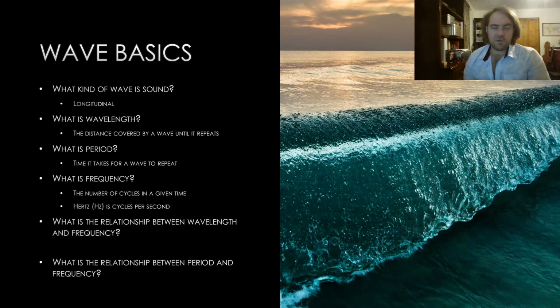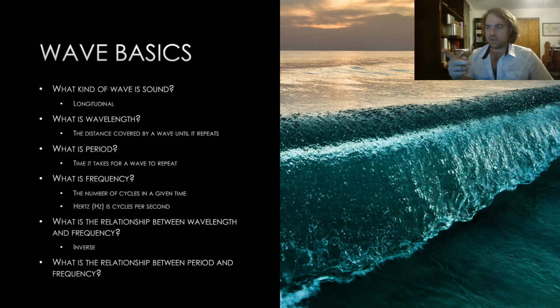What is the relationship between wavelength and frequency? It is inverse. A longer wave is going to have a bigger number, covers more distance. Let's say 300 meters, and that means it's going to be a very low frequency, 5 hertz or something like that.